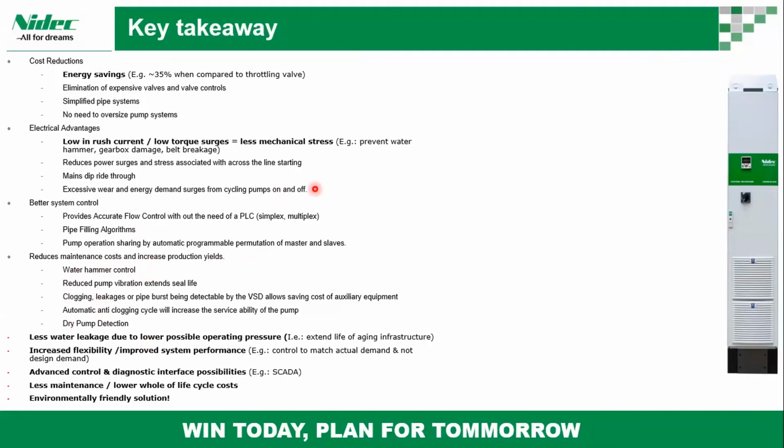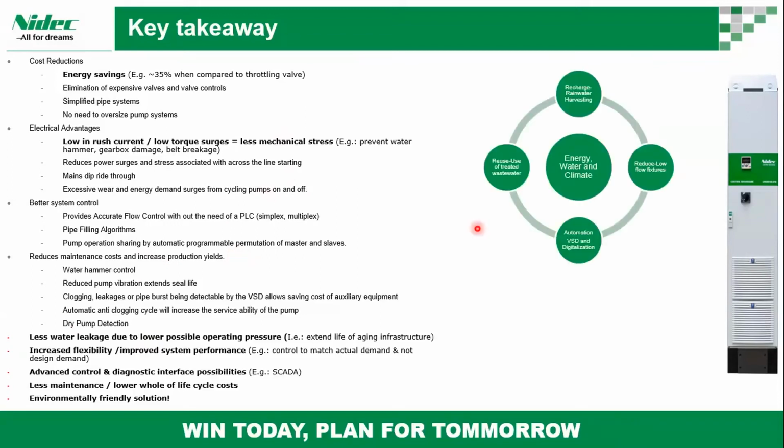So overall, by using a VFD, it is basically energy efficient and effective. The three Rs are used with VSDs in water and wastewater. As we mentioned earlier, water is a scarce resource which everyone needs. So with the 3R 1A approach, this automation, the VSD, is used for automation and digitalization.